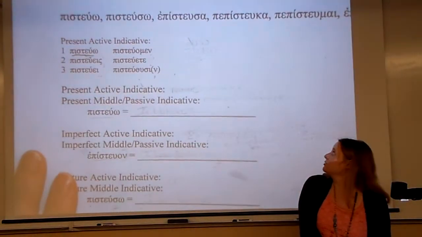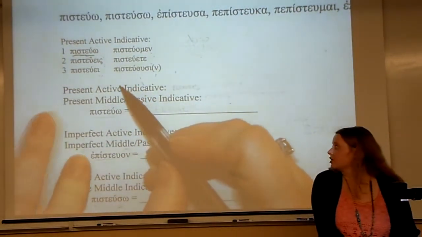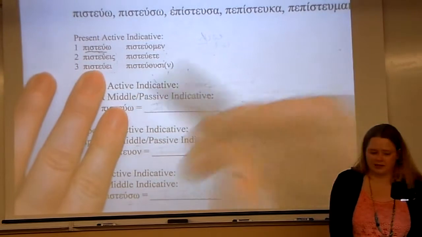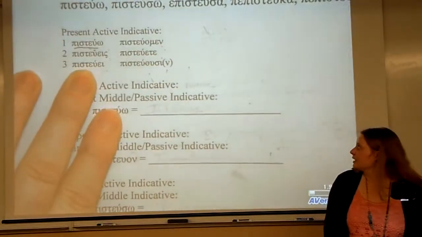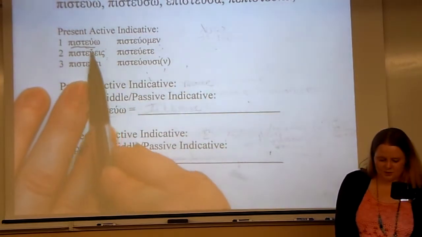What does that look like on our verb tenses? What does it actually look like in Greek? Well, grab this sheet and let's review. Here's the present. The present is what you have to know. You can't get by without knowing it. The present active indicative you just have to know.